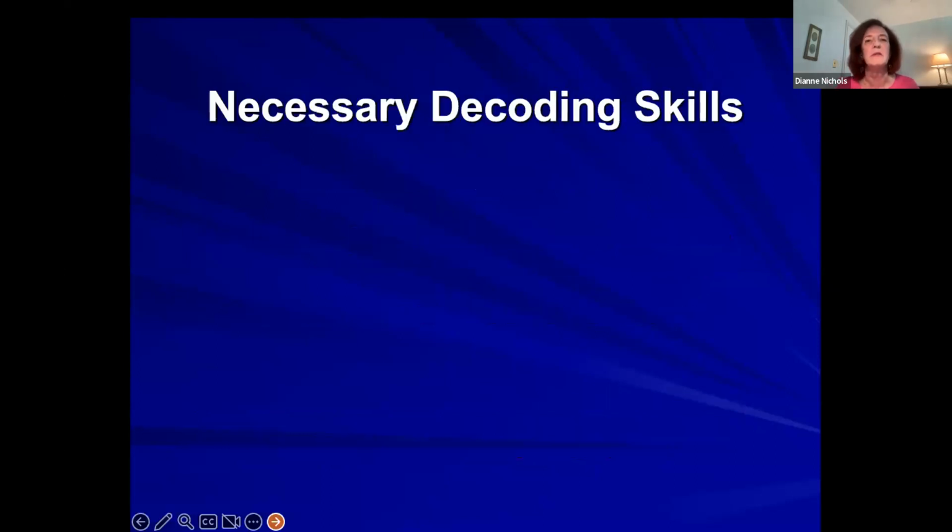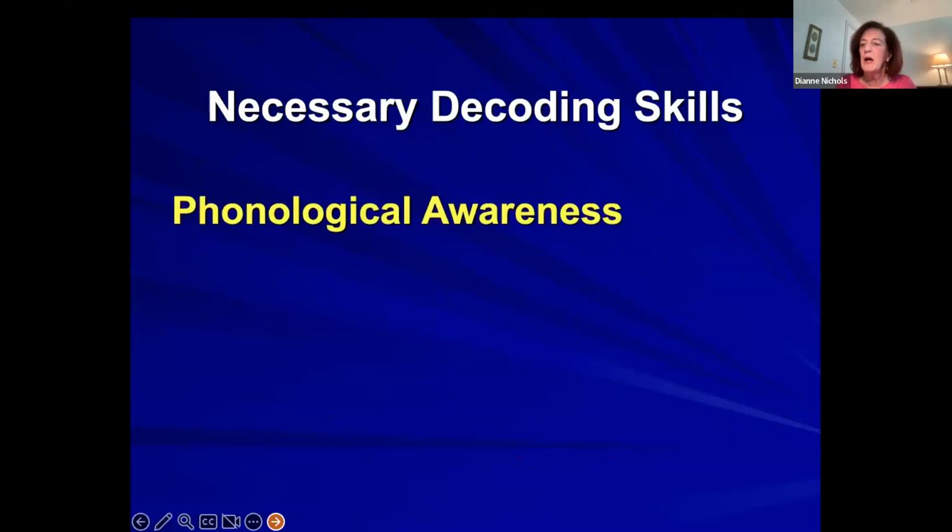Necessary decoding skills. There are 3 primary skills required for someone to be able to read efficiently. Phonological awareness is the ability to identify syllables within words, and more importantly, to be able to identify and sequence the individual sounds within syllables.